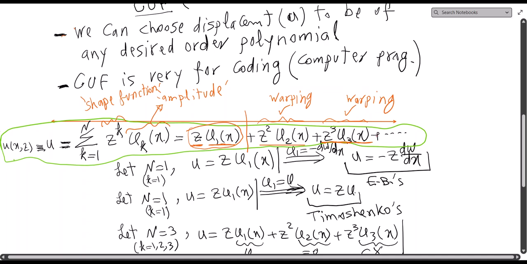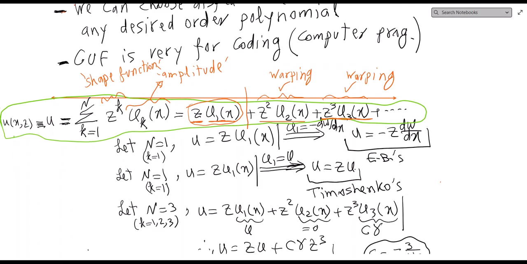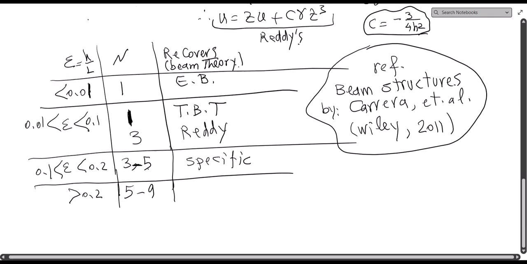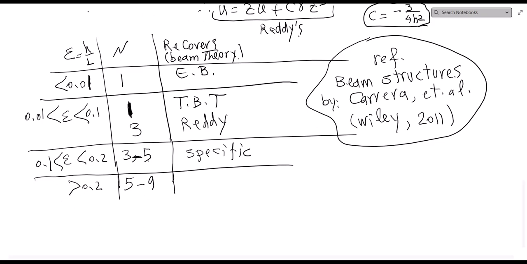And if you add more terms here, then you see that you're talking about very complex deformation of the cross section, but this approach, or CUF approach, can handle it. You may ask, okay, what happens if I go, for example, to five terms and beyond?